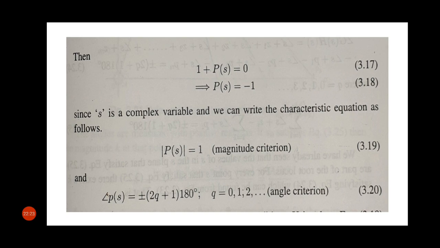To draw the root locus, first satisfy these two conditions: the first is the magnitude criteria, the second one is the angle criteria. The rest of the root locus will be discussed in the next lecture. Okay.